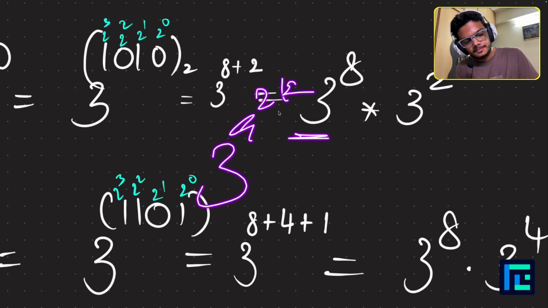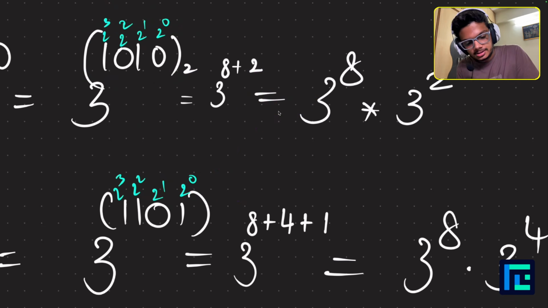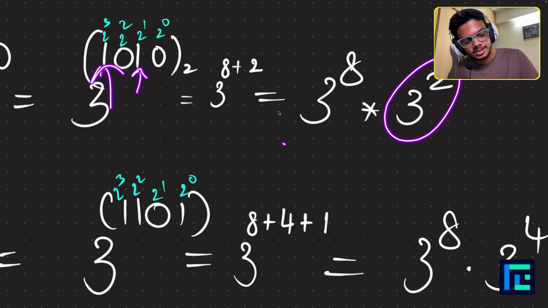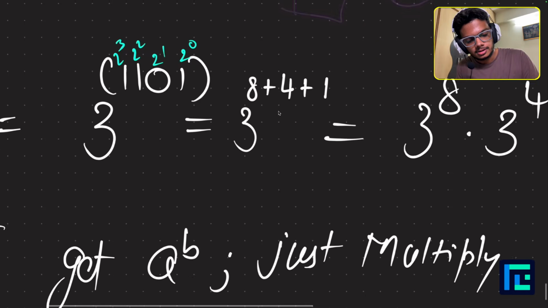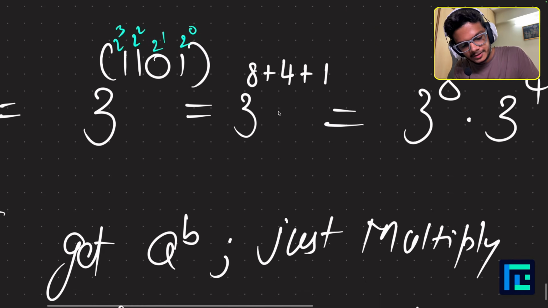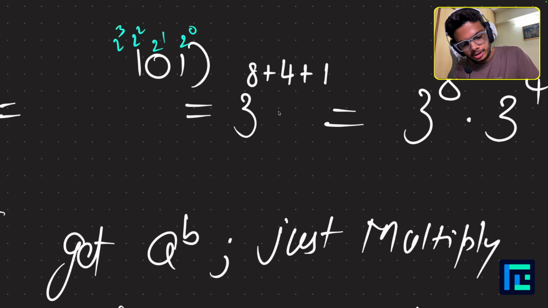power 2k where the kth bit is set. That is, the first bit is set, so you take 3 square, 3 power 2 power 1. The third bit is set, so you just multiply 3 power 2 power 3 here. Which bits are set? Third bit, second bit, 0th bit.